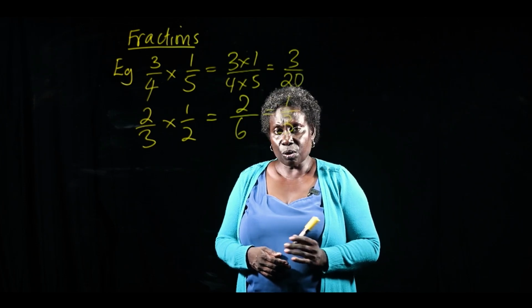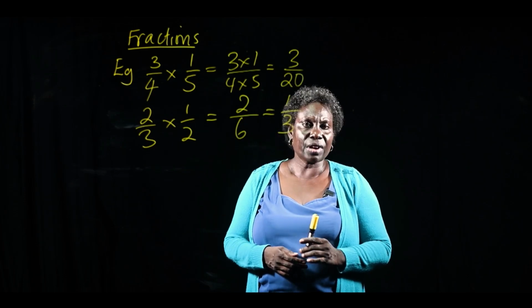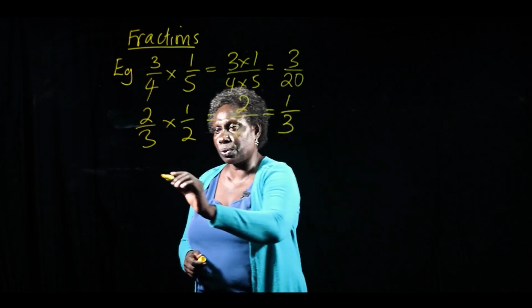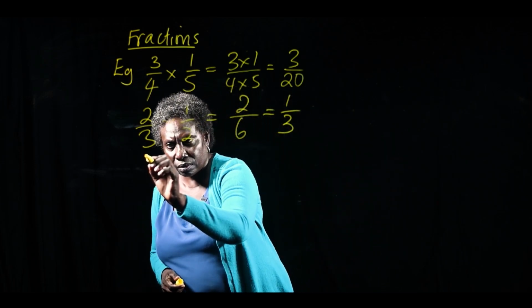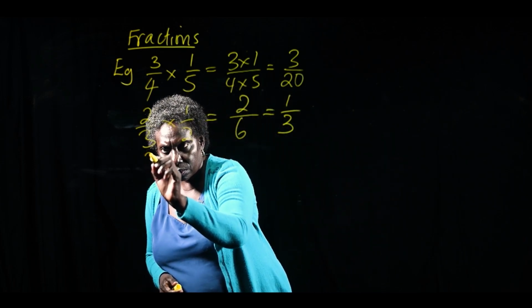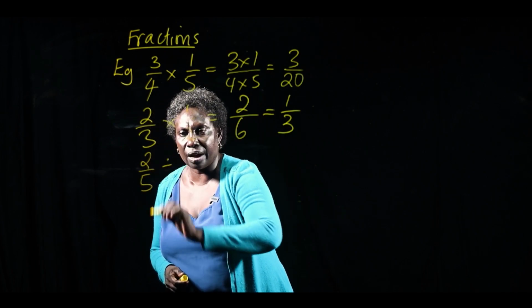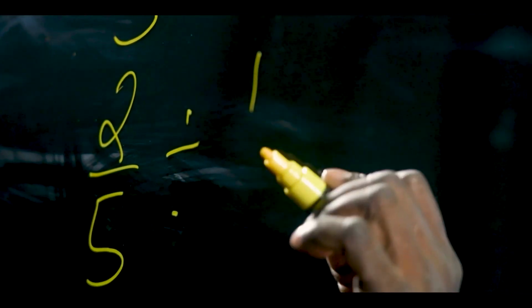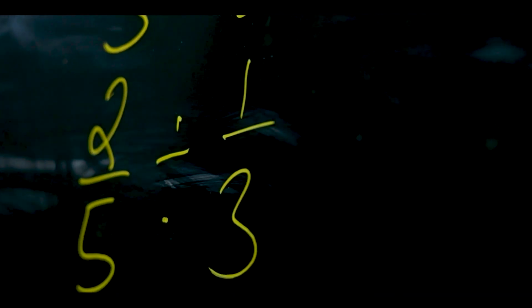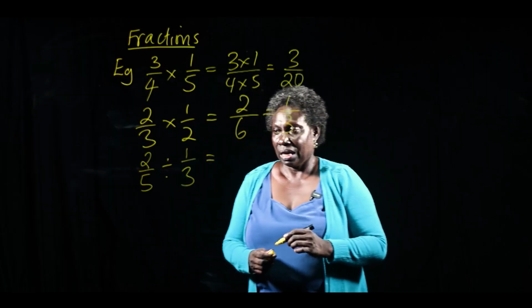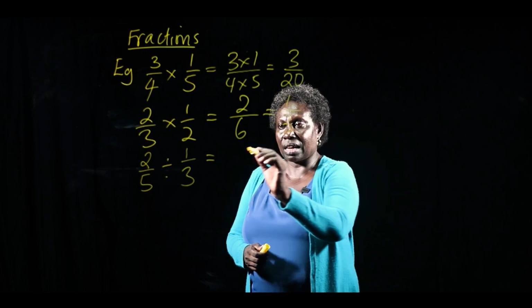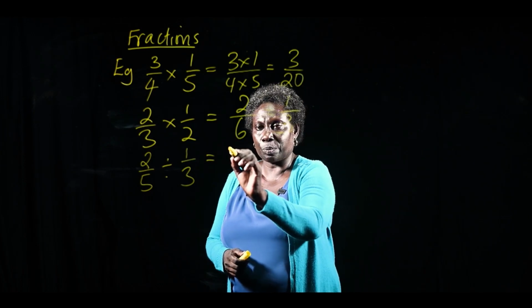Okay, let's go to division of fractions. Let's start with 2/5 divided by 1/3. Now, we are going to change the division sign to a multiplication sign.